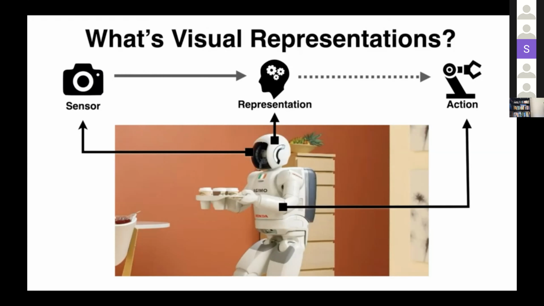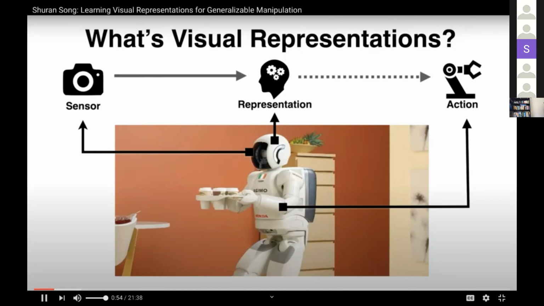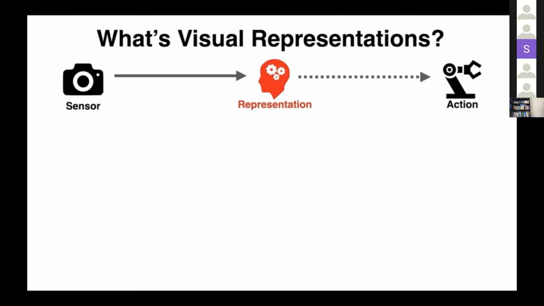And hopefully, this high-level representation can be directly used by the robotic system to perform actions such as grasping the coffee cup or walking around your home. So from this chart, we can see that the representation of the world is really the most critical part of the whole pipeline, because what the representation is determines everything else, from how you're going to process the sensory input to what kind of action you can perform.